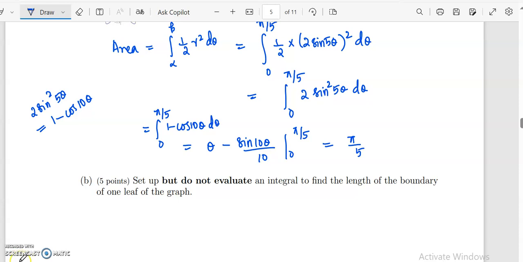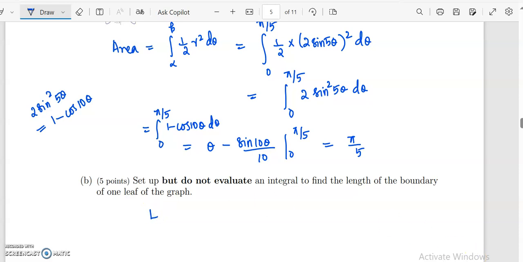And for the next part, we need to set up but not evaluate an integral to find the length of the boundary of one leaf of the graph. So we need to find the length of the curve, so it is like finding the arc length.